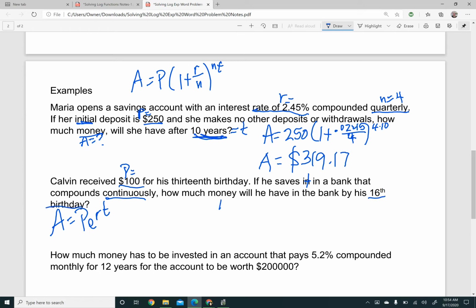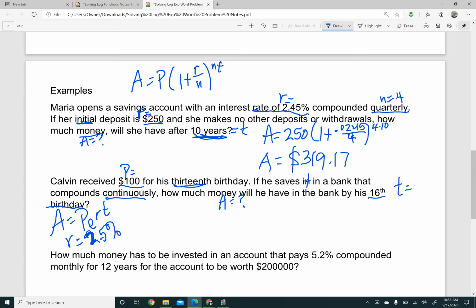So that means we want to know what A is. We don't know what R is. This is not a good question because I forgot to give you R. That's bad. So let's say that R is 2.5%. Bad, Miss Smith. I'll fix this problem. 2.5%.